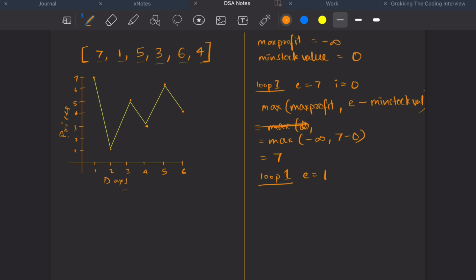Then we go again with loop 1. Element equals 1, i equals 1. Max here would be 7, comma, element 1 minus minimum stock. So minimum stock here is 7.